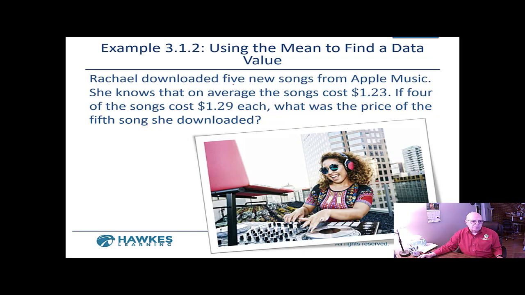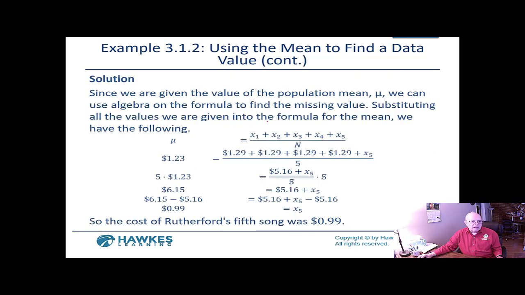Here's an example. Rachel downloaded 5 new songs. She knows the average is $1.23. If 4 of the songs cost $1.29, what was the price of the 5th song? We can do that with a little bit of algebra. Here are the 4 songs we know the prices for.